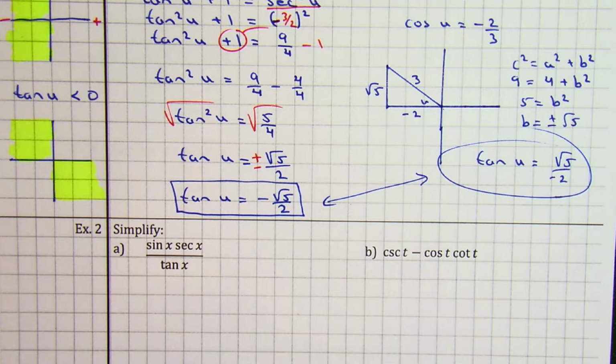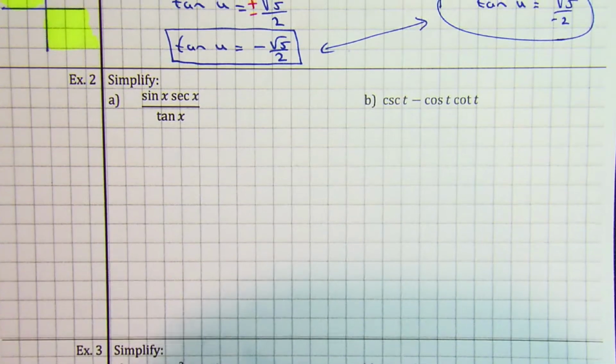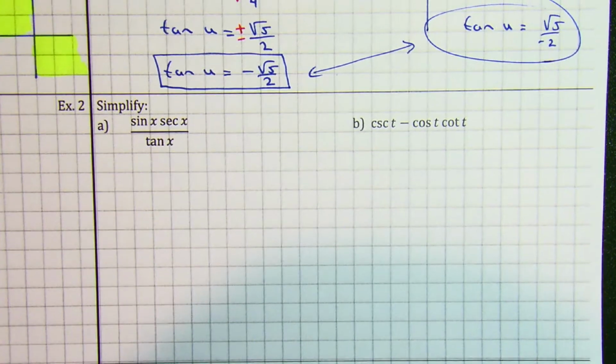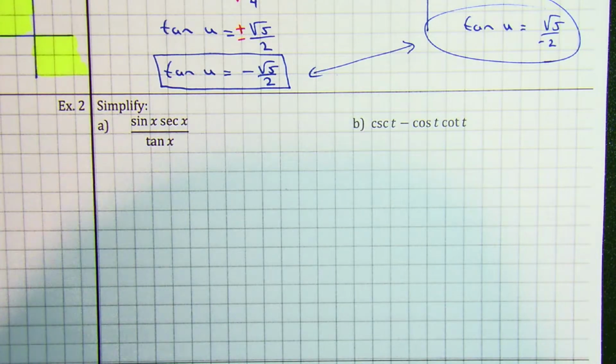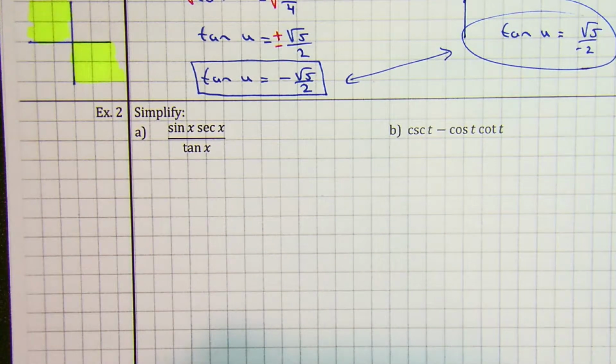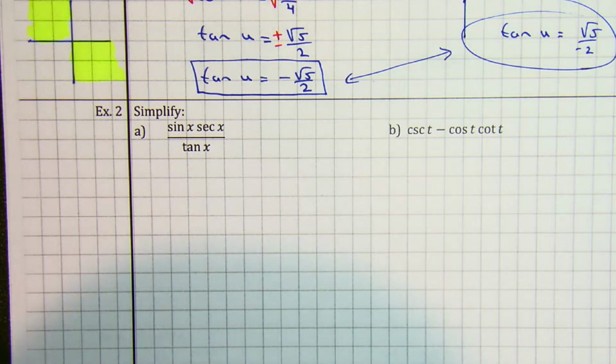Now, in this chapter, we need to be able to simplify and confirm identities. So first, we're going to simplify some expressions. Go and copy it down, and then we'll continue once you are ready. So I need to be able to simplify these expressions.